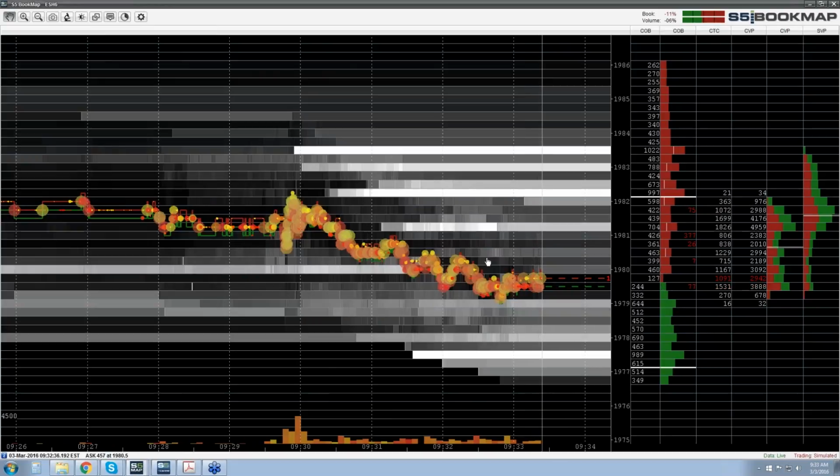Okay, just a bit of sideways action, but haven't really seen anyone take a stance yet. Just these guys here, lowering that offer, that was the first stance that we've seen here. I want to see them get more aggressive though. We'll get a flush maybe down into this liquidity here.